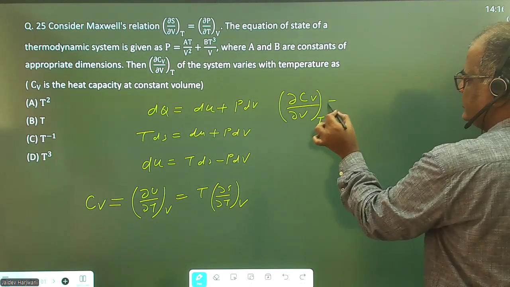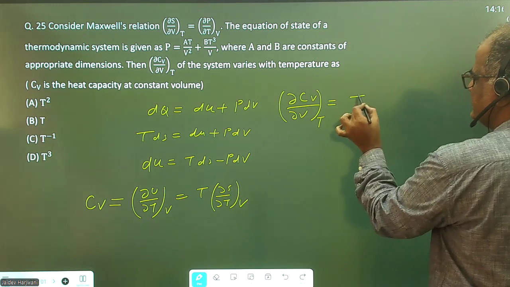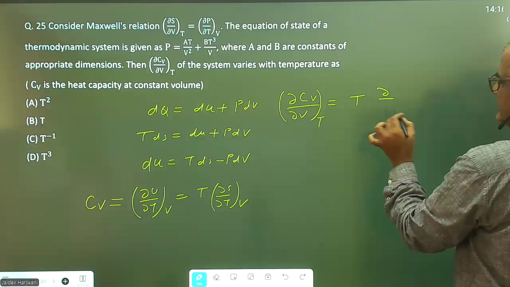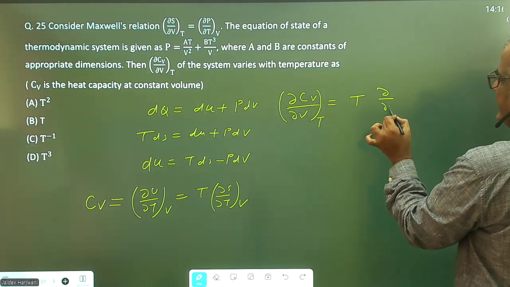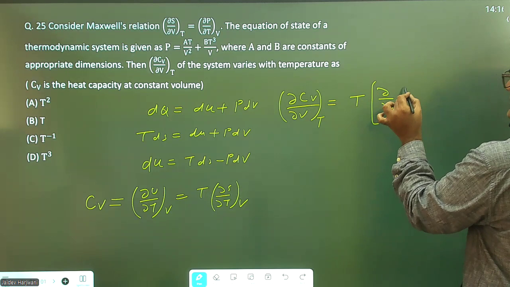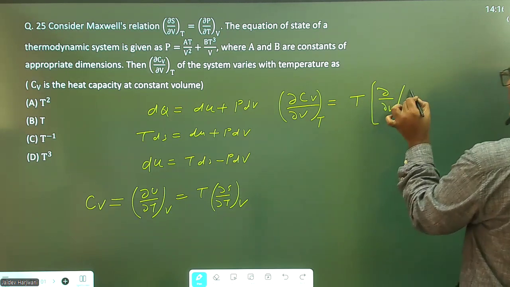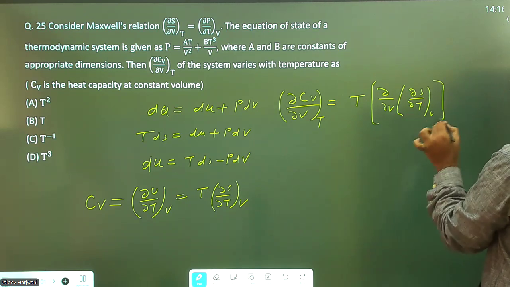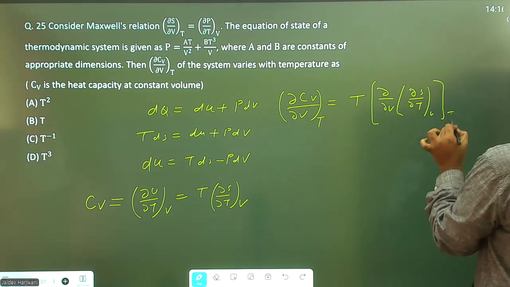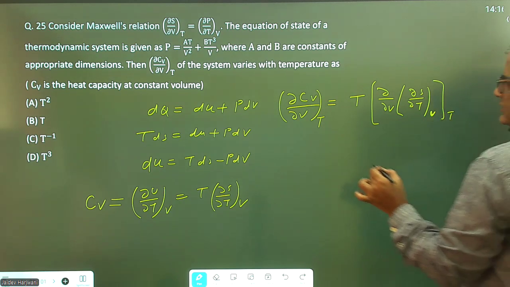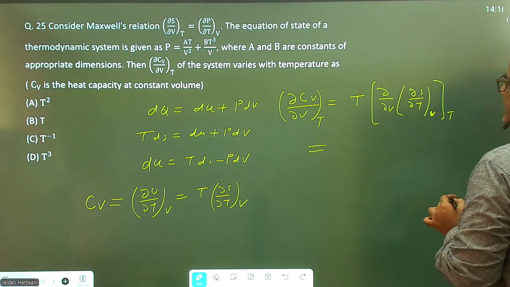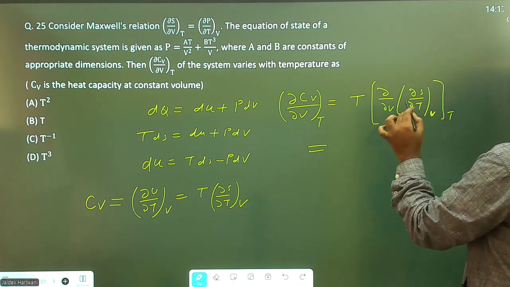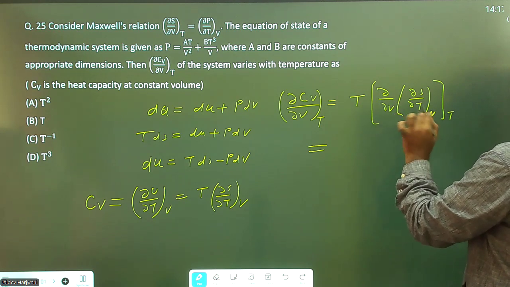So this will be equal to, keeping T constant, ∂/∂V of T ∂S/∂T at constant volume, and this is at constant temperature. Now I can reverse this order of differentiation.